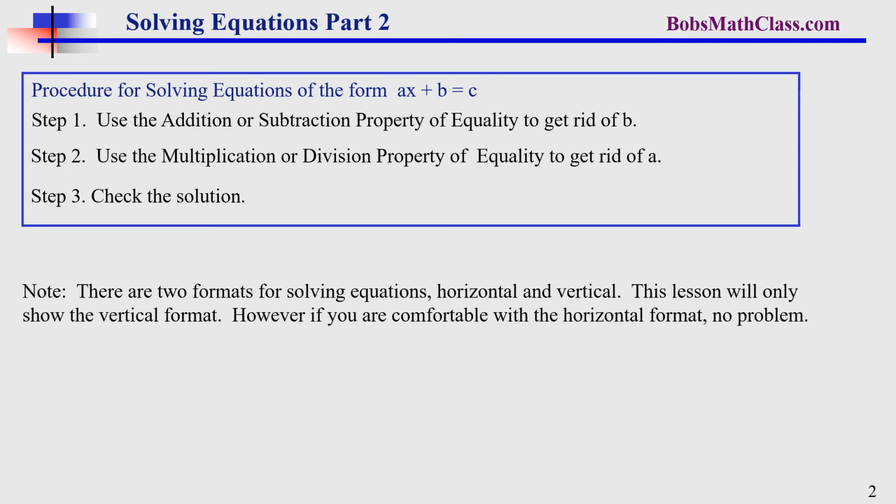The check always takes time. We'll do some checks. If I was doing homework, I probably wouldn't check most of them because it just takes so long. If I was taking a test, I definitely would check it because I want to make sure that I got the answer correct. Everybody makes mistakes. It's easy to make mistakes.